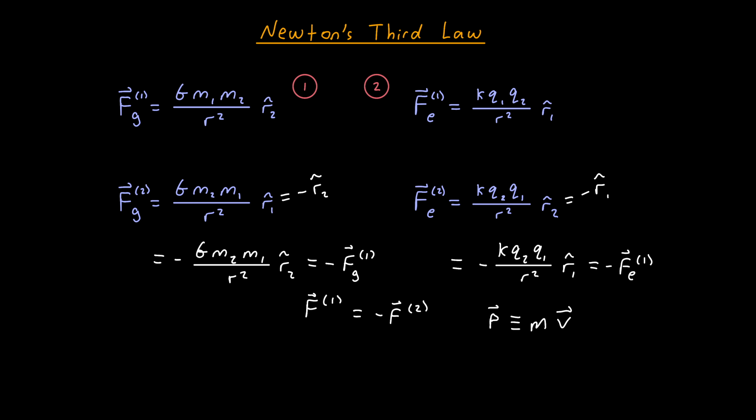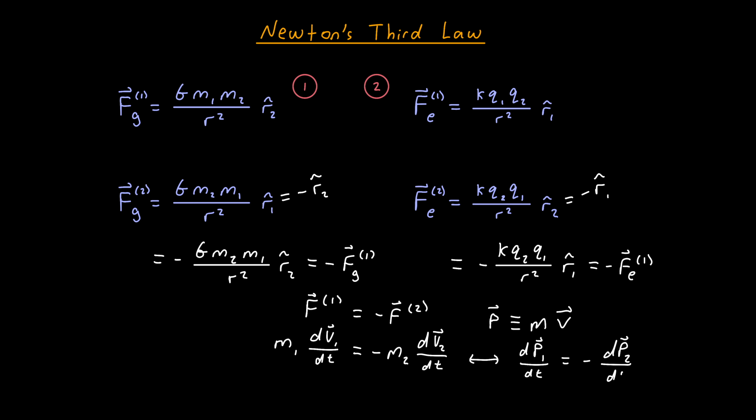And in fact, if we write out that the force on object 1 is equal to the mass of object 1 times its acceleration, dv1/dt, and we equate that to minus m2 dv2/dt, we'll notice that that's the same exact thing as writing that dp1/dt is equal to the opposite of dp2/dt.